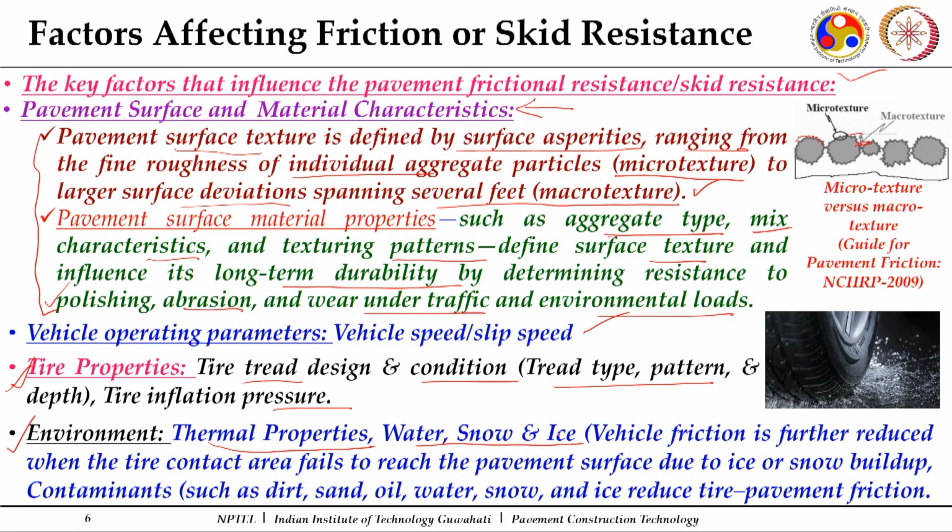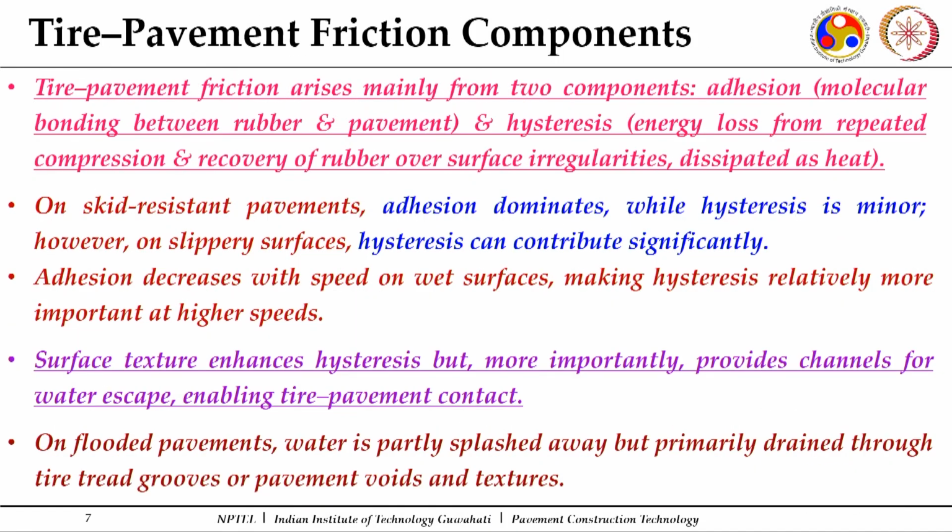Water and snow and ice, if they are present, definitely the vehicle friction is further reduced when the tire contact fails to reach the pavement surface due to any ice or snow buildup which is there on the surface. Contaminants may be there, because dirt, sand which may be there, or any oil spillage, further reduces your tire pavement friction. So, in addition, these are the important contributing factors: your surface characteristics, vehicle operating characteristics, your tire properties and environments.